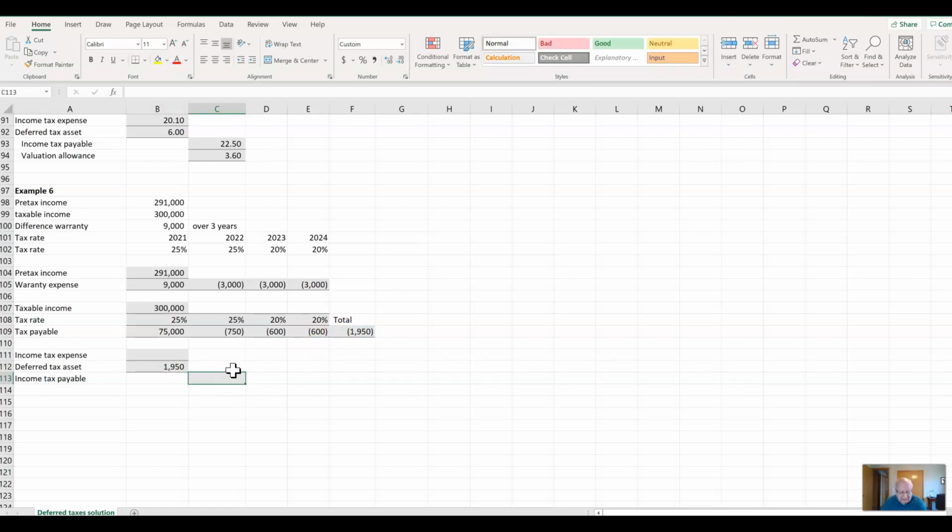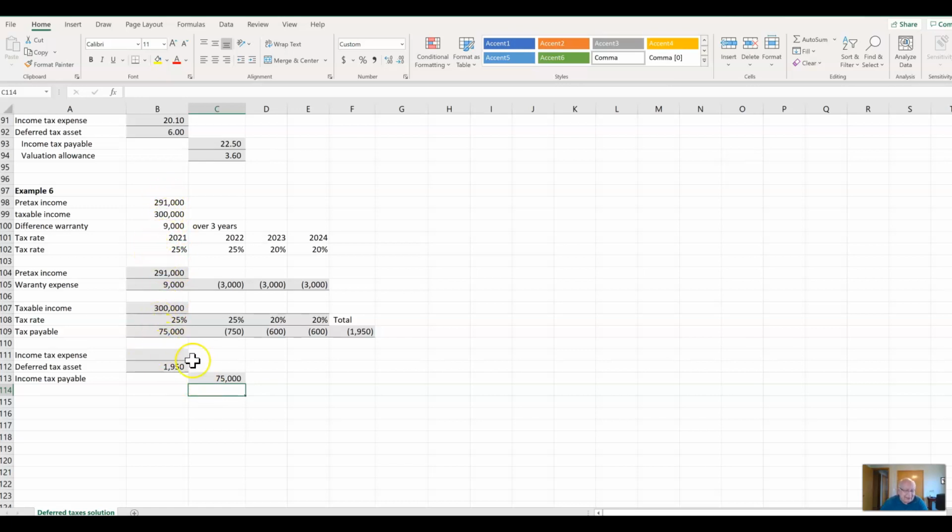The tax payable is the 291,000 times the 25%, whoops, taxable income. Grabbed the wrong one, didn't I? Oh, right there, tax payable. I grabbed the wrong one. 75,000, I already had it figured out. Yeah, so that's the pre-tax income.